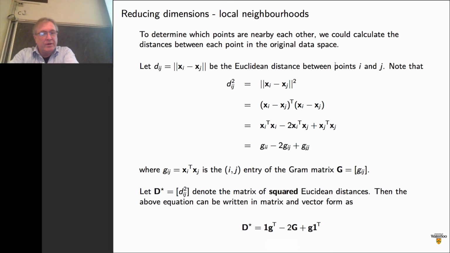So I take the squared Euclidean distance, and you know that's just the inner product, the squared length is the inner product of that difference with itself, which is just expanding that: xi transpose xi, etc. Those are just a bunch of inner products. That's the inner product of xi with itself, xi with xj, etc. So these are actually elements of the Gram matrix.